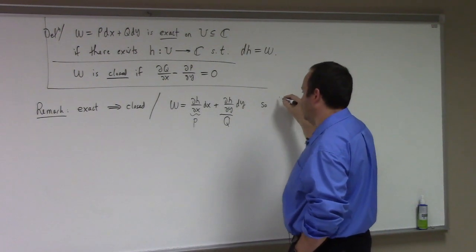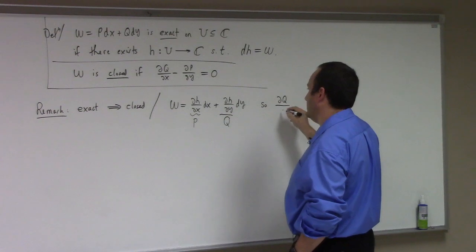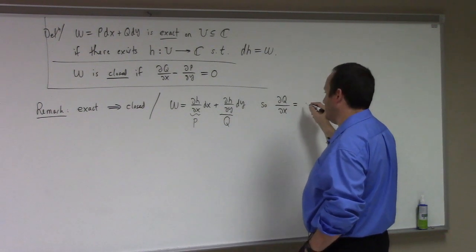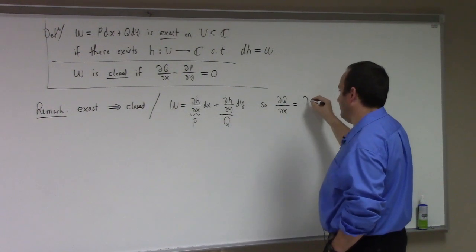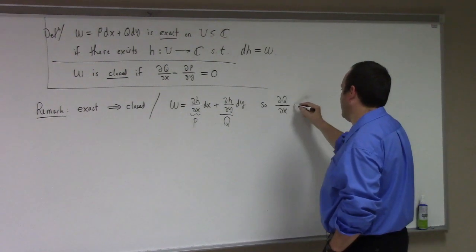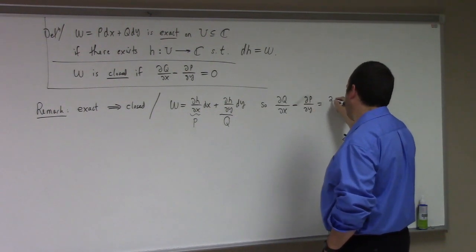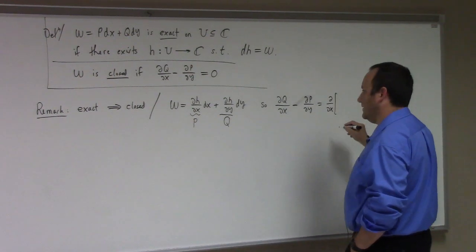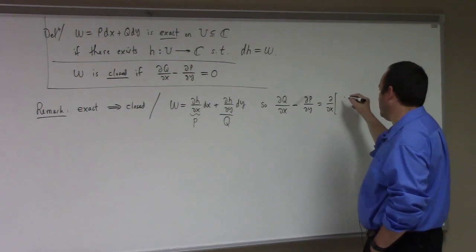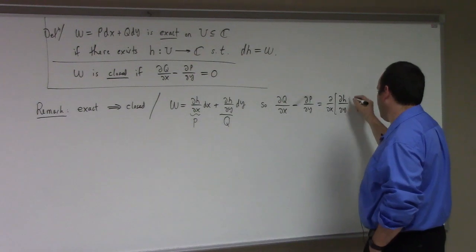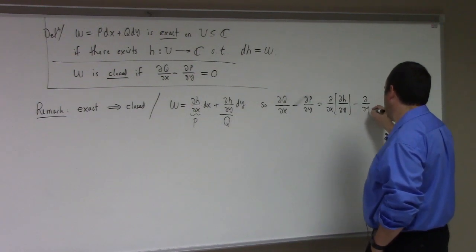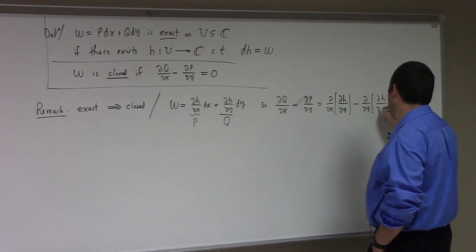So partial q partial x minus partial p partial y. What do we got? We've got partial x of partial h partial y minus partial y of partial h partial x.